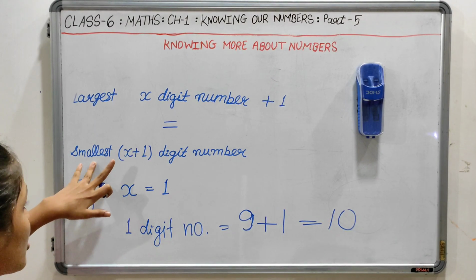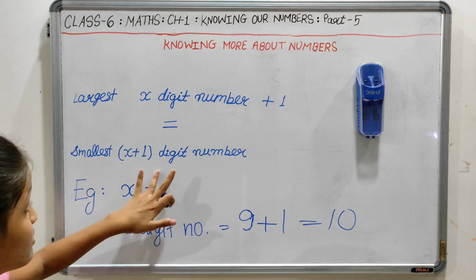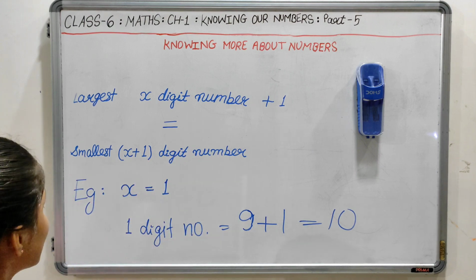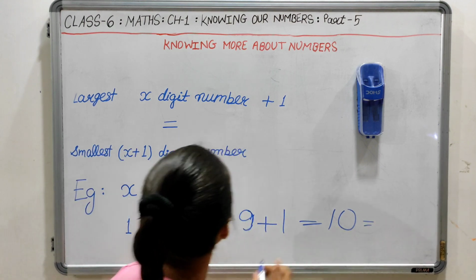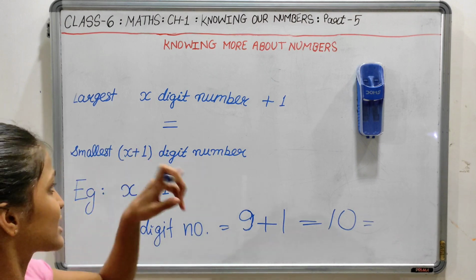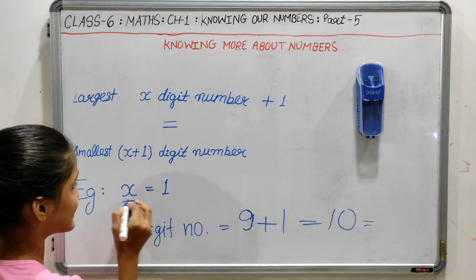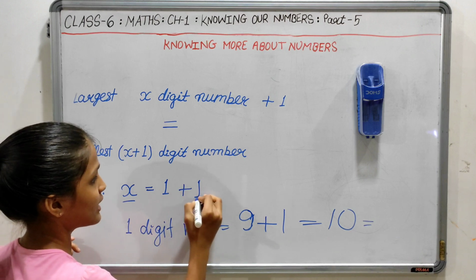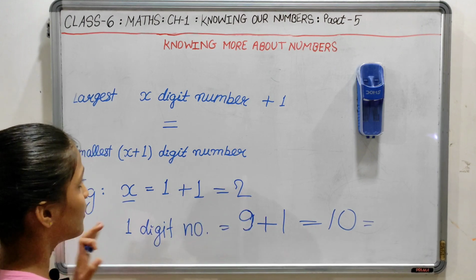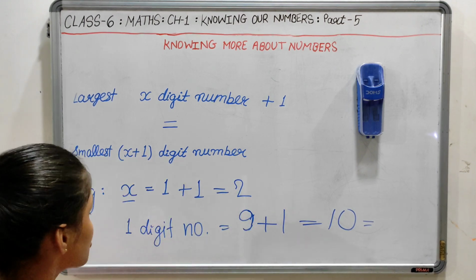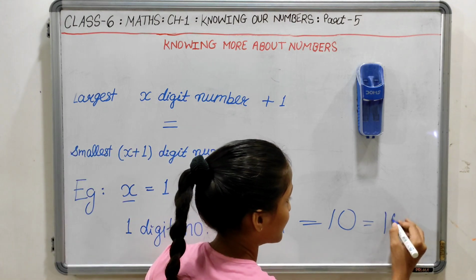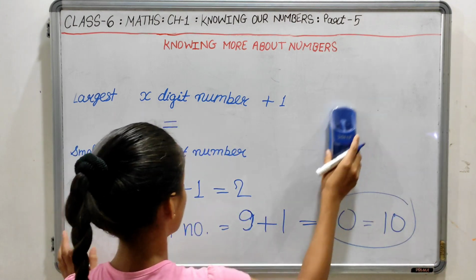It is written that this is equal to the smallest (x plus 1)-digit number. So 10 equals the smallest (x plus 1)-digit number. With x equals 1, 1 plus 1 equals 2, so we get a 2-digit number. The smallest 2-digit number equals 10 only. So we got the formula correct.